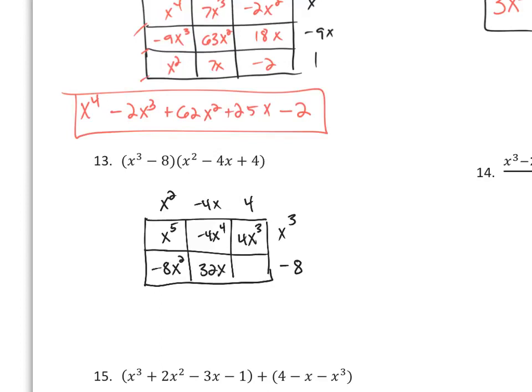So I notice that I have no like terms in here, so my answer is just the stuff inside the table rewritten. So x to the 5th minus 4x to the 4th plus 4x to the 3rd minus 8x squared plus 32x minus 32.